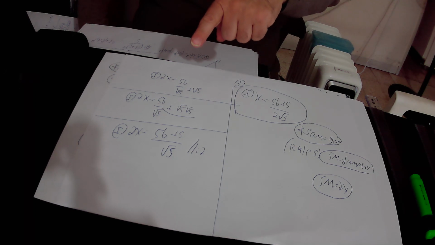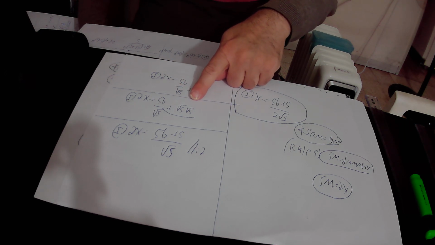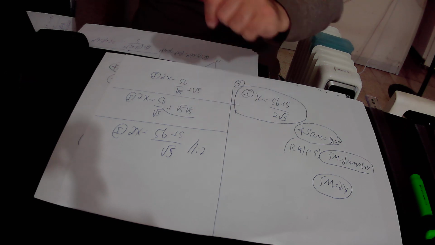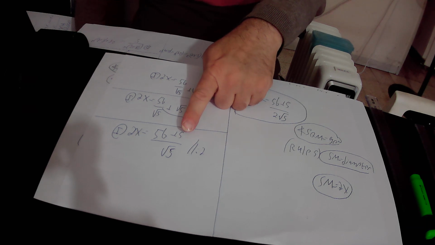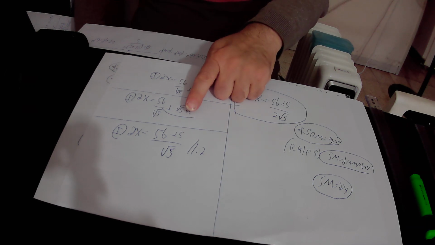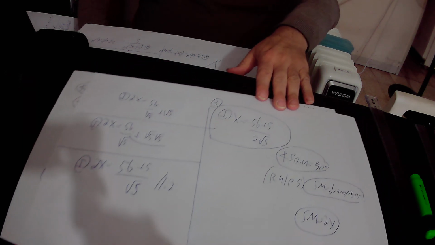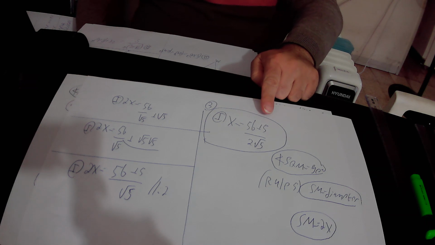Finally we found that 2x equals 5b plus 5 over square root of 5. Here we divided equation number 1 by 2, and found that x equals 5b plus 5 over 2 times square root of 5.